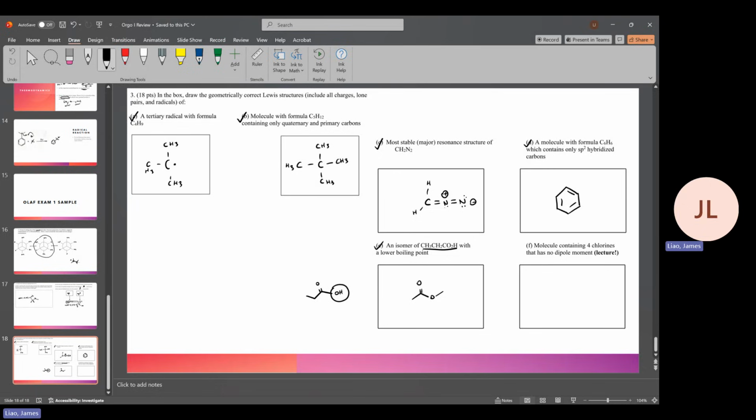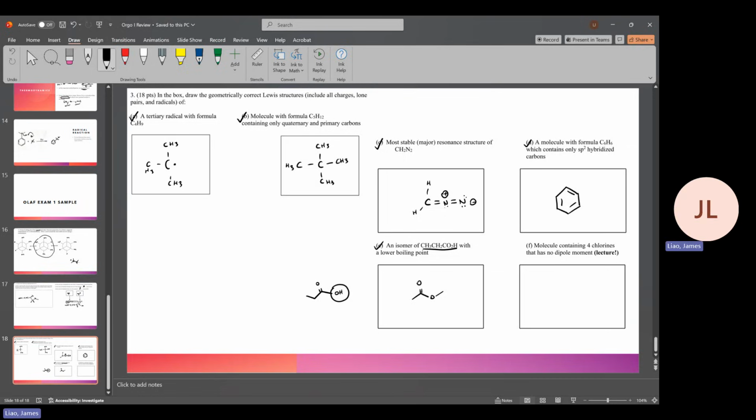By having no hydrogen bonds, the boiling point can go down. So with the H and the methyl group switched to make this compound right here, it only has dipole-dipole forces. The dipole-dipole intermolecular forces make the boiling point lower than the one with the OH that causes hydrogen bonds.